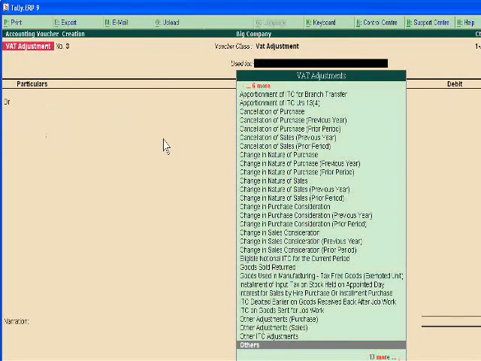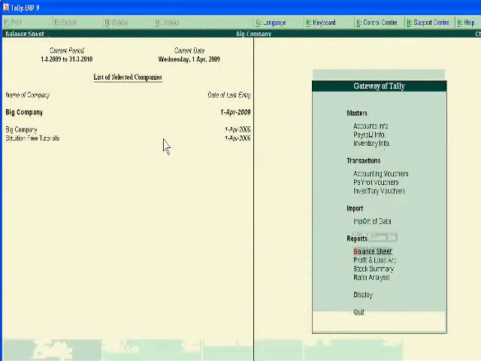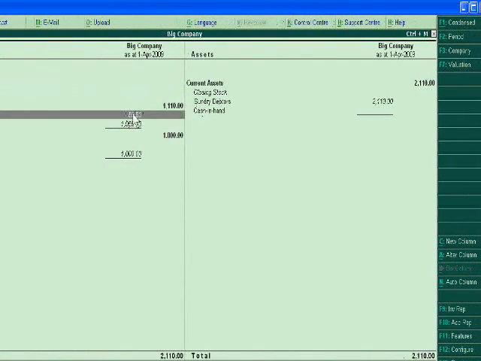Now just check our balance sheet. Balance sheet, the duties and taxes.